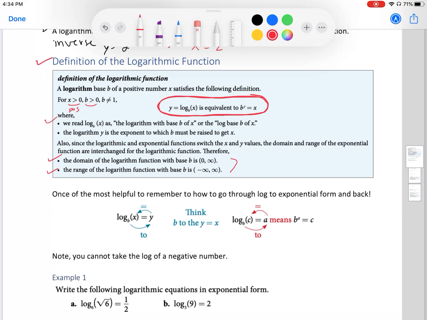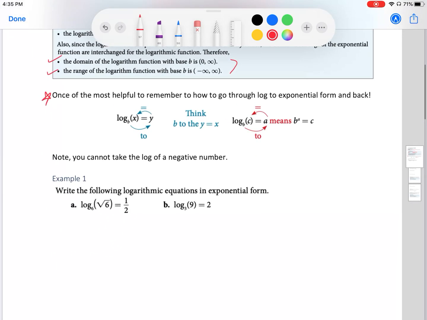That's worth noting. Once again, one of the most helpful things to remember for this section is how to go from logarithm form to exponential form and back. In this image, we see that to go from logarithm to exponential, we take our base and raise it to the y power equals x, so that we have b to the y equals x.